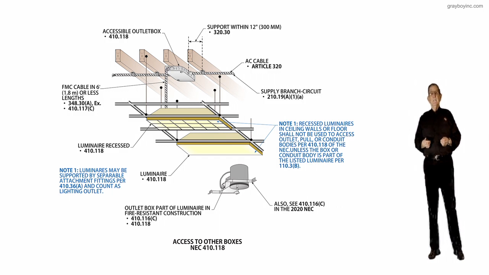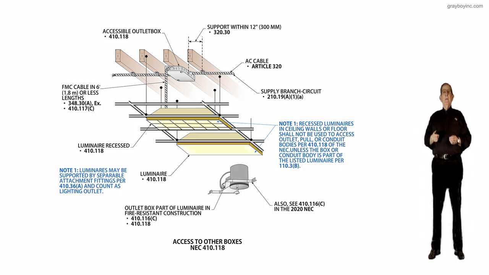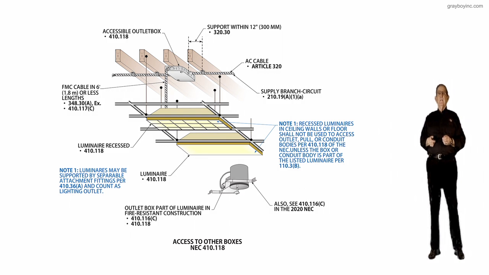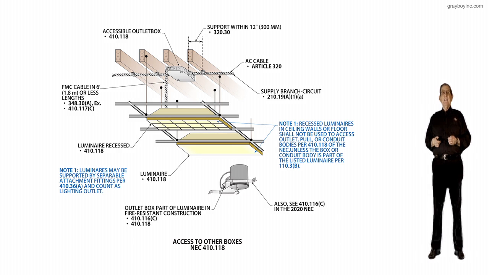Now, for example, let's take a look at the very top of the illustration, left-hand side, and we talk about the accessible outlet box that's required to be accessible, so I can remove one of the panels in the ceiling there, or the fixture, move it over, and I have access to that box in accordance with 410.118.